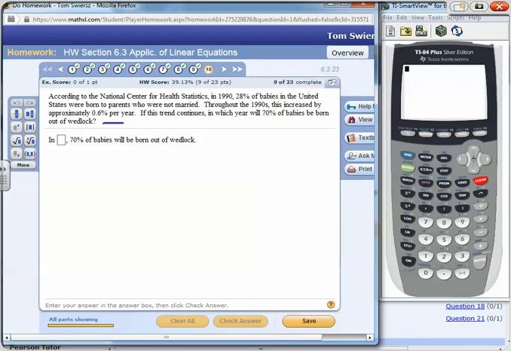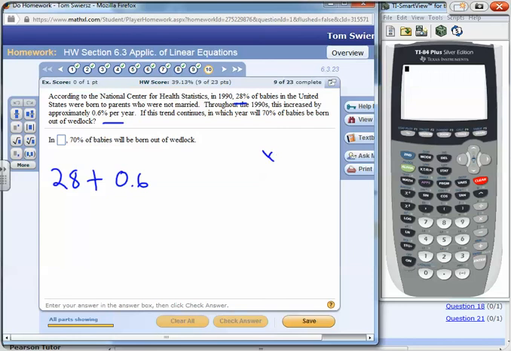So where are we at right now? We're at 28%, right? What's happening? We'll just do everything in percent, so we don't need to include the percent sign. 28% now, so 28. We are increasing by 0.6. Again, that's a percent, that's a decimal, so we need 0.6 each year.